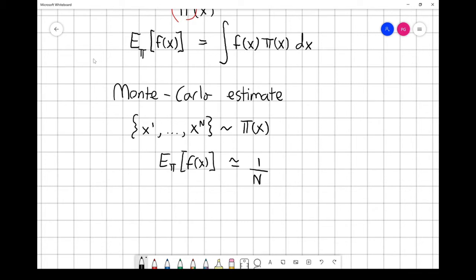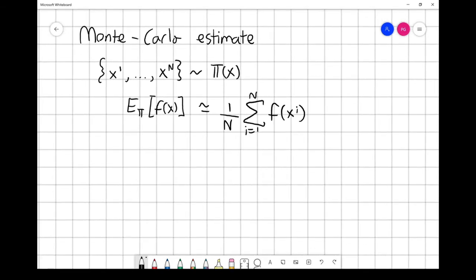So it's going to be 1 over n multiplied by the summation of our samples each evaluated at f, where, if my notation's right, which honestly sometimes it's not, this represents asymptotically equal to.